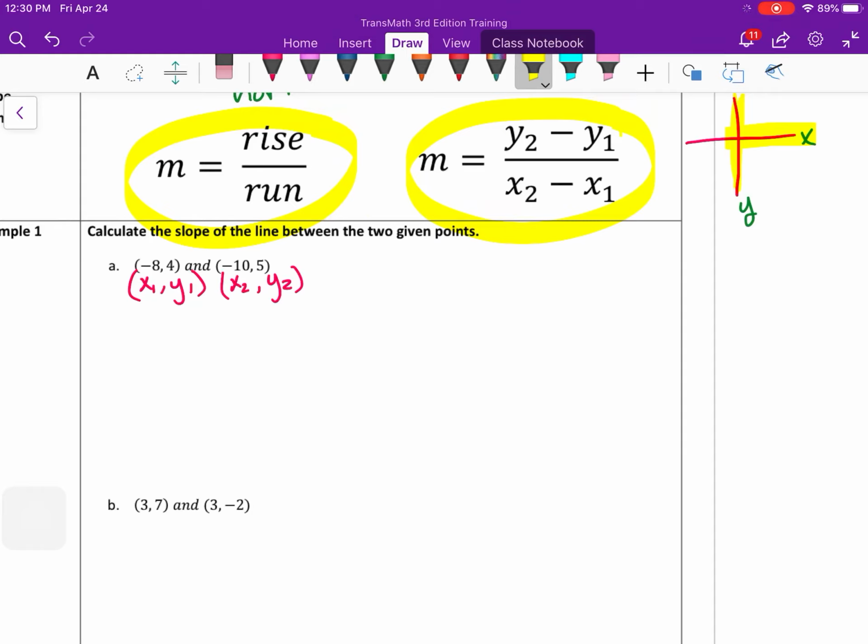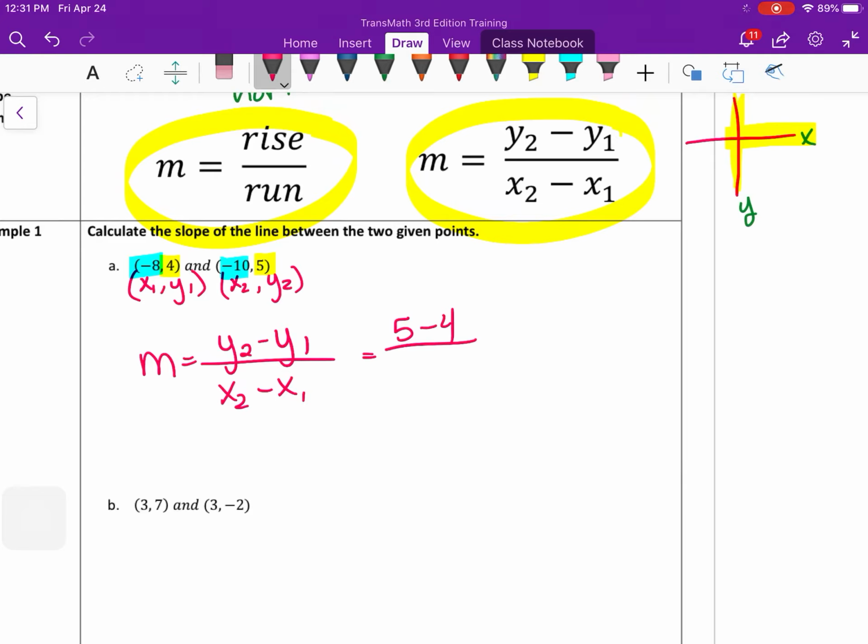Then to find your slope, you do y2 minus y1 on top. So in this case, it would be 5 minus 4 over x2 minus x1 on bottom. Second point minus the first x point.